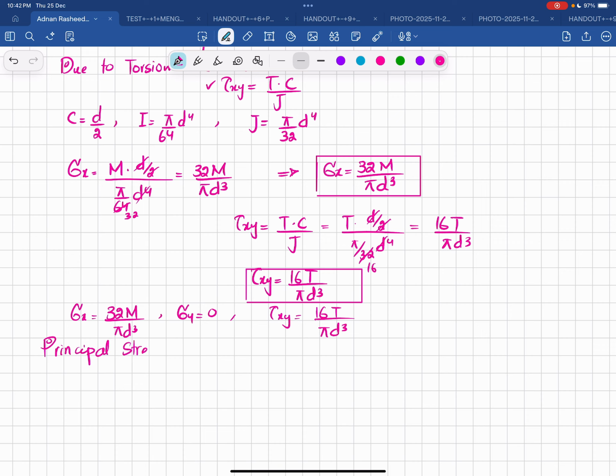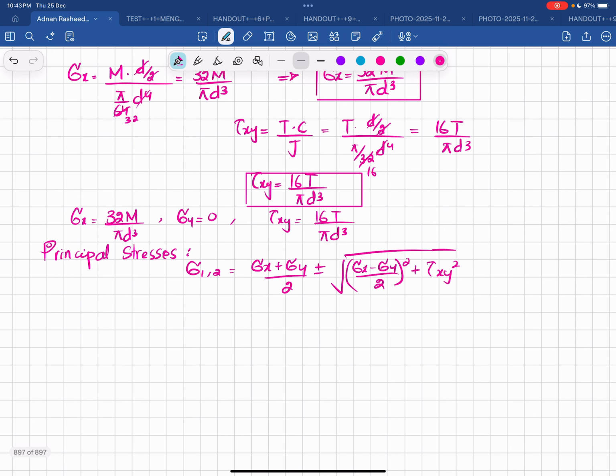For that we will need principal stresses, and these principal stresses, sigma 1,2, are sigma x plus sigma y divided by 2, plus minus the square root of sigma x minus sigma y divided by 2, whole square, plus tau of xy whole square.